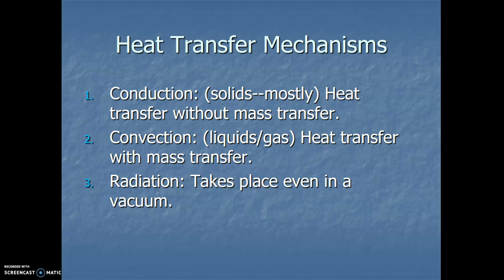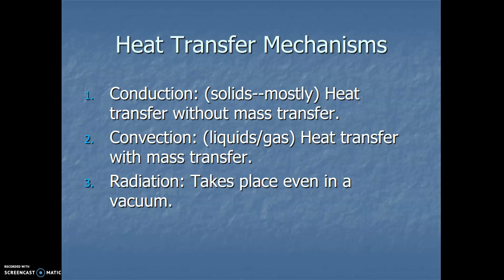Now, heat transfer has three mechanisms: conduction, convection, and radiation. You know these ones already. You probably learned this at junior high. Conduction is usually done with solids, mostly, and it happens when heat is touching without mass transfer.